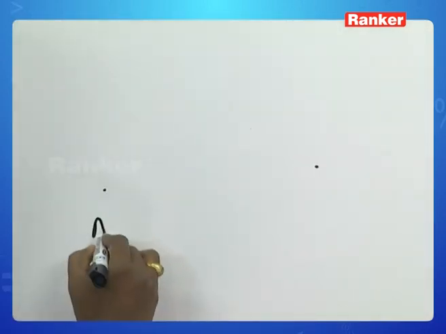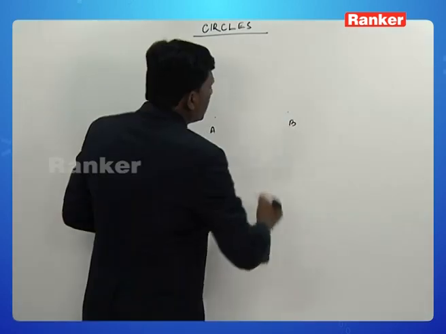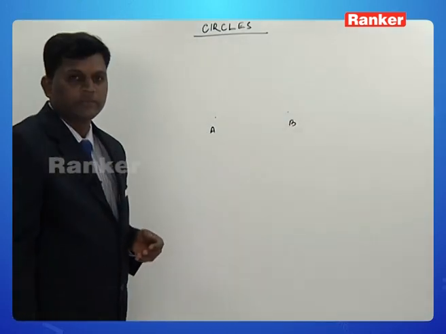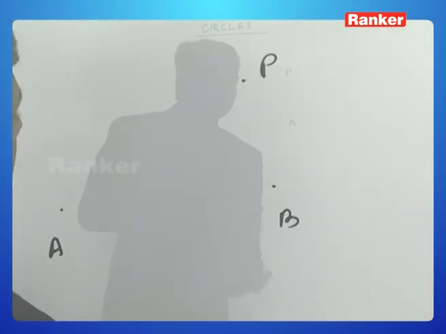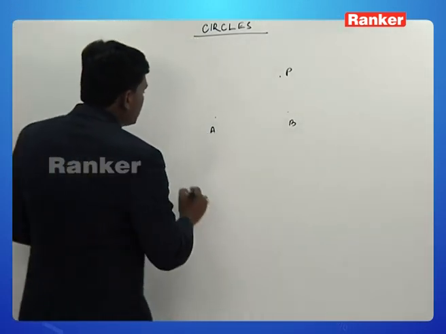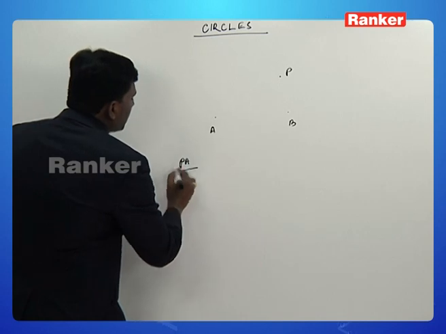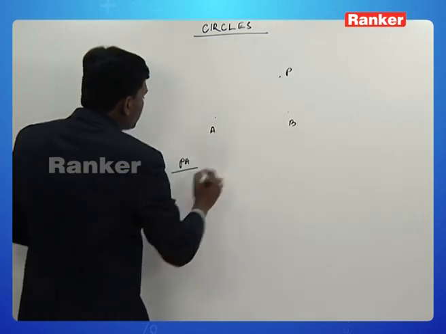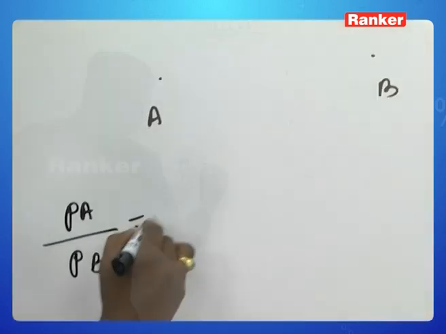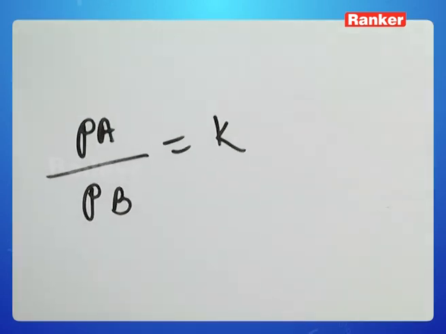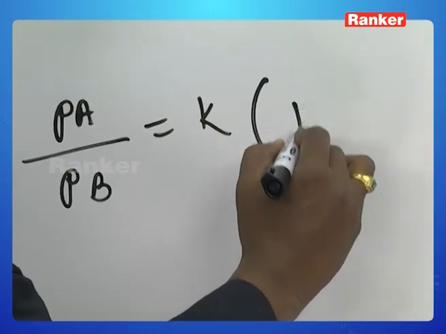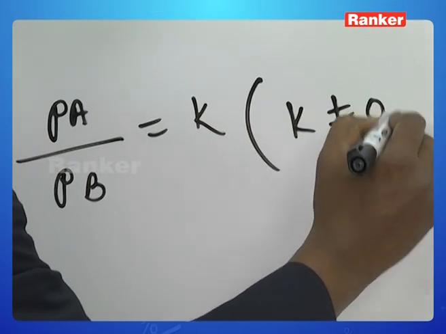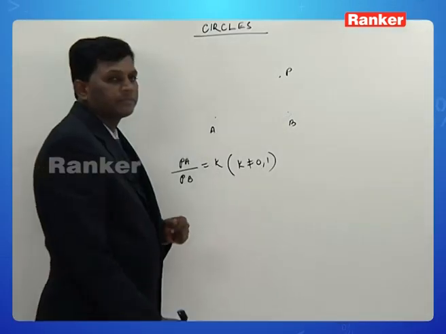Let us imagine 2 points A and B, fixed points, and P is a variable point moving in such a way that the ratio of its distances from these two fixed points, PA by PB, is a constant k, where this constant k is not equal to 0, 1.